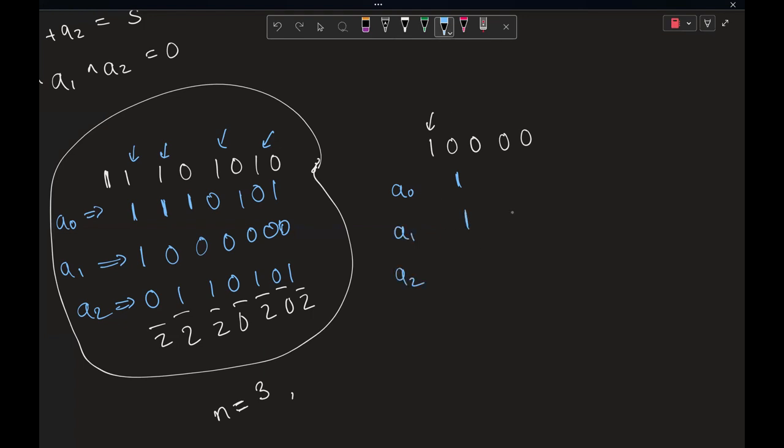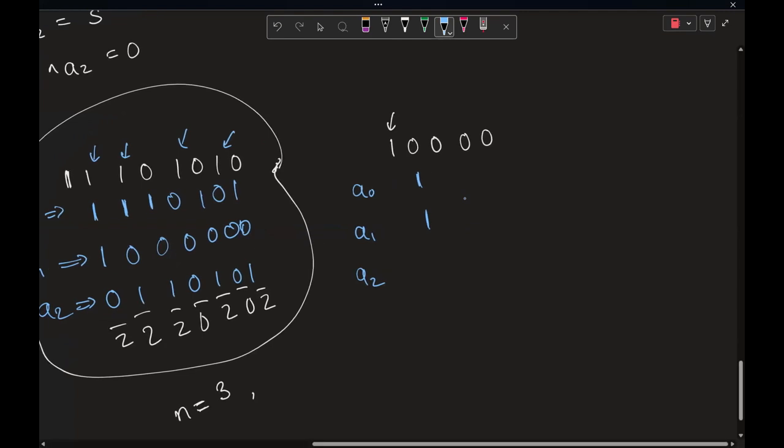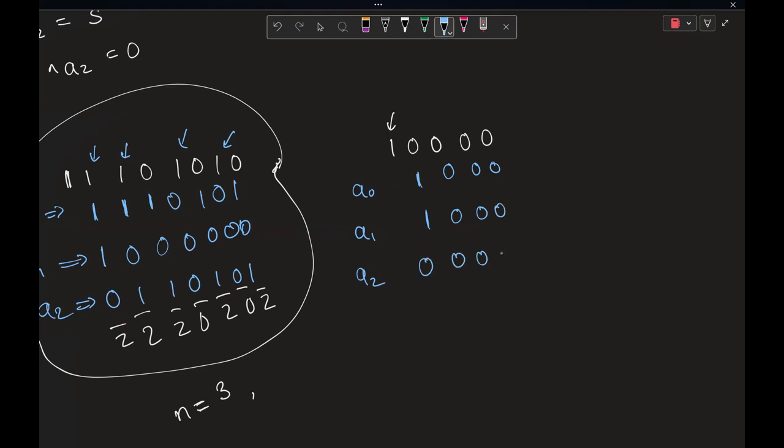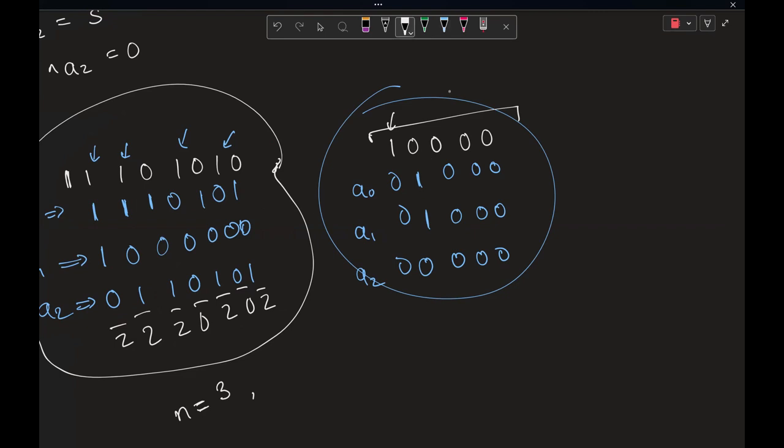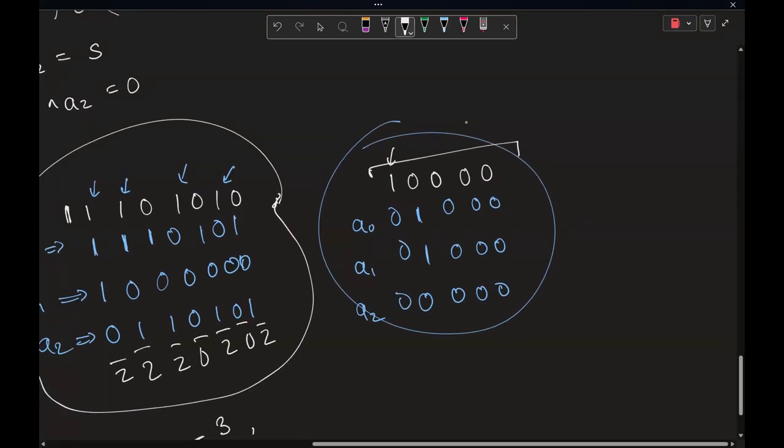But what about A2? Which bit will you keep set in A2? There was no way for having A2 being set at any place. So this was the only case where it was failing. What if there is only one set bit in the given number S? In that case, the answer will be -1.